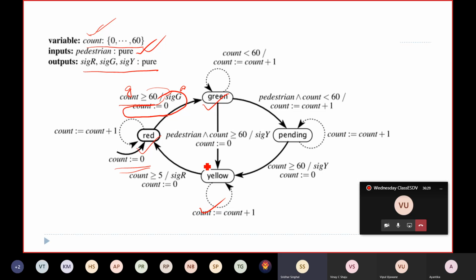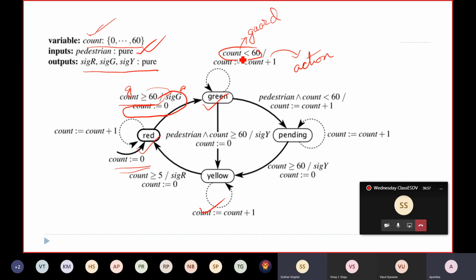What does the slash mean? For example, count greater than or equal to 5 slash 6. Slash is by the definition of FSM how we define the transition condition. This part is the guard, and this part is my action. The slash divides the guard and the action.